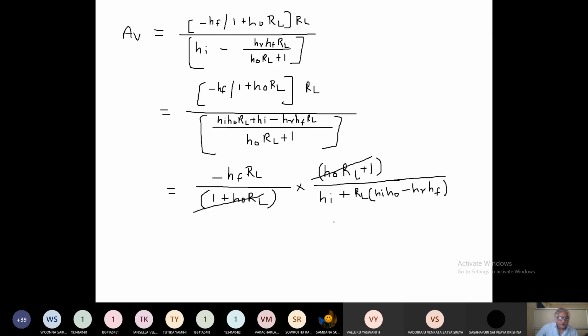Okay. So what is remaining here now? Minus HF RL divided by Hi.